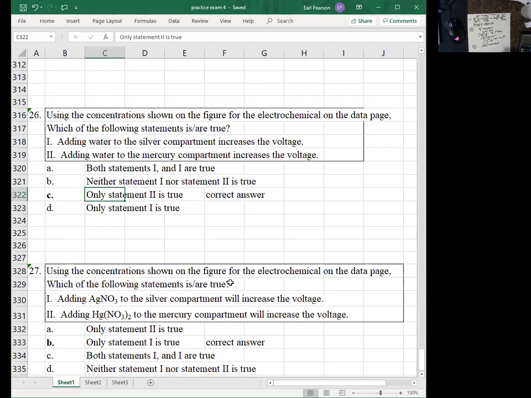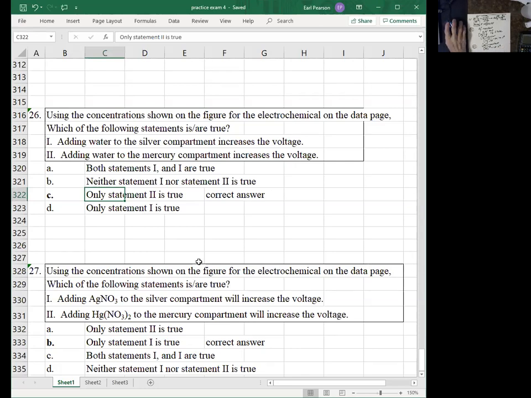And if silver ion is a reactant, I'm going to add silver nitrate, which is a soluble silver salt. So that's going to cause the Ag+ concentration, a reactant, to go up. By Le Chatelier's principle, it shifts right. That causes the voltage also to go up.